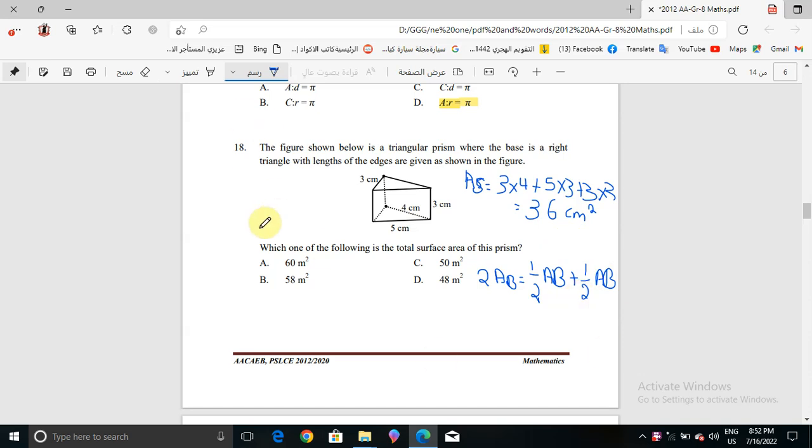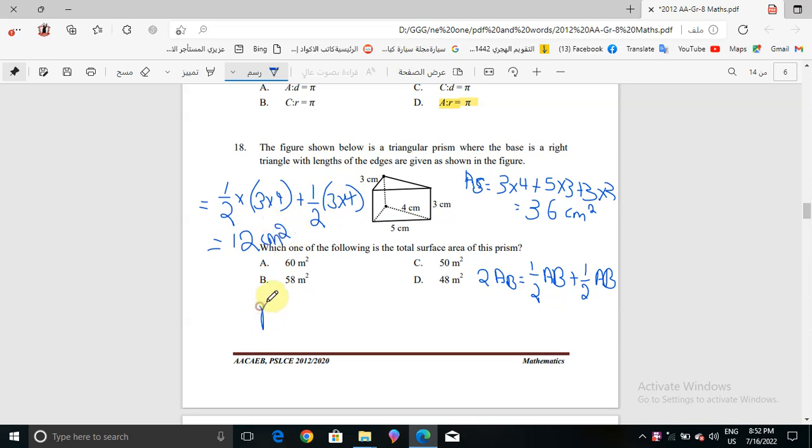So that means what we'll do here, 1 over 2 times 3 times 4 plus 1 over 2 times 3 times 4. Then the final answer you will get 12 centimeter squared.